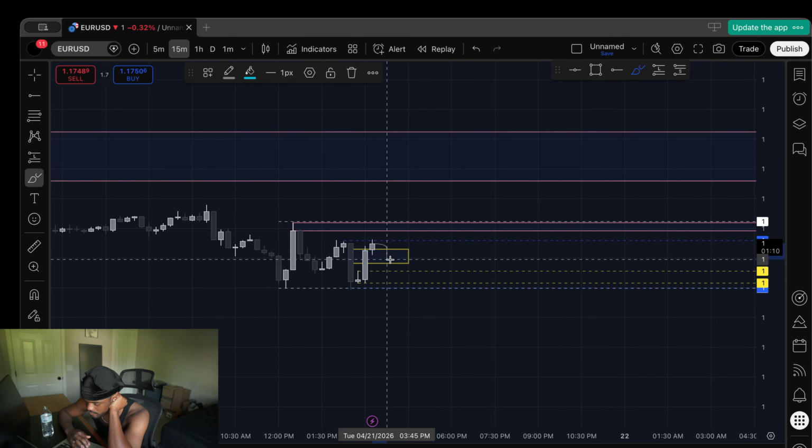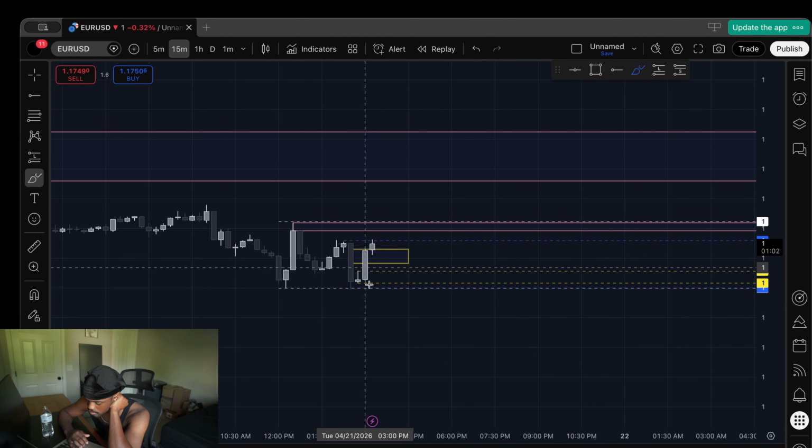And then we're going to get a move down back into this fair value gap to take off. But if we do that, with the way the price has been looking this week already, we might just be chop central down here. We might just be chop central on this line right here. It does not want to push up. Ever. And if it does, it's like you have to wait 3 hours for it to do so. So market's really just been trolling all week.